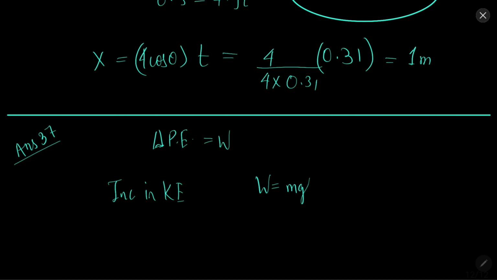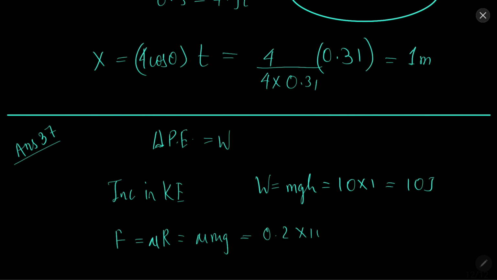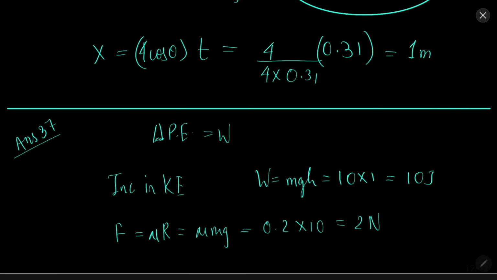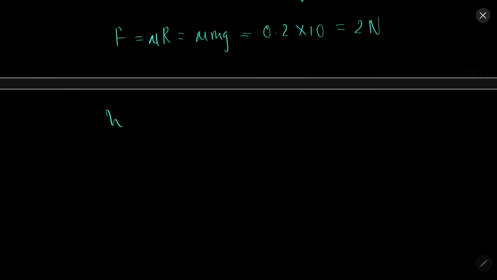Work done is mgh, 10 into 1 equals 10 joule, and the force of friction is mu mg, which is 0.2 into 10, 2 Newton. The work done is force into displacement, so displacement will be work done over force, which is 10 over 2, which will be 5 meters.